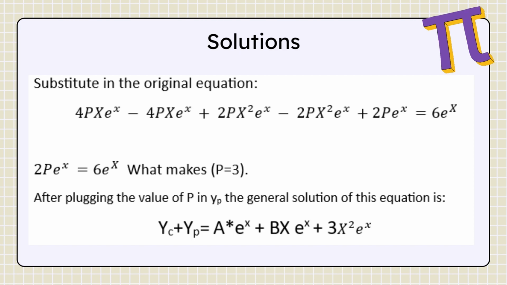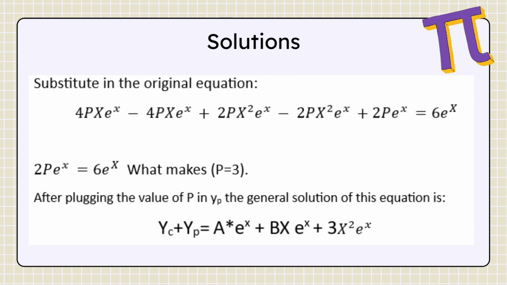Actually, as you see here, guys, I just organized the equation, because if I substitute it directly, it will be very messy and it's not going to be obvious for you to know that there are many terms that are going to be cancelled. So as you see, 4px e^x is going to be cancelled by the equivalent 4px e^x, and 2px squared e^x is also going to be cancelled. So the only term that remains with us is 2p e^x, which is equal to 6e^x, the right-hand side.